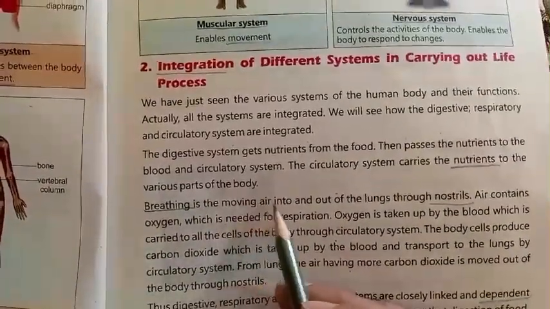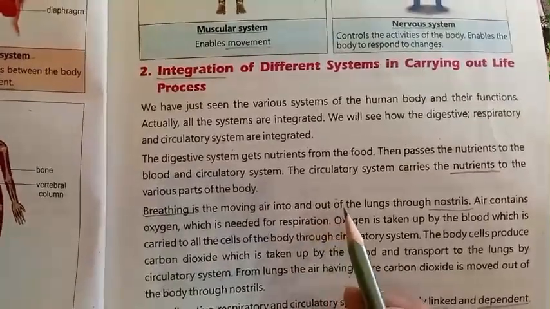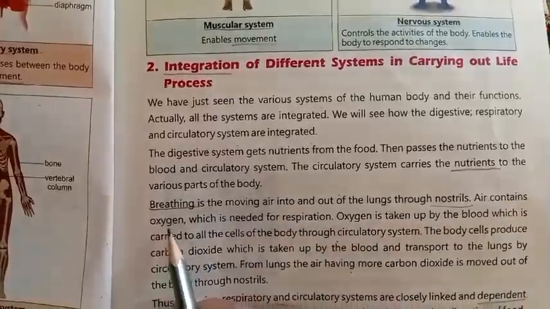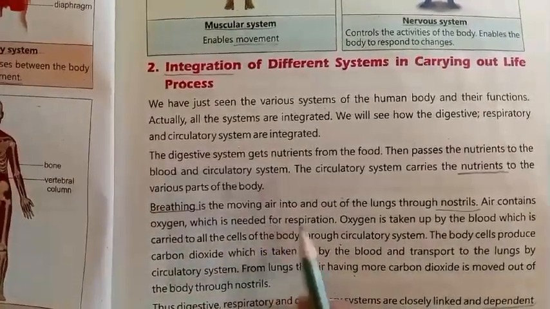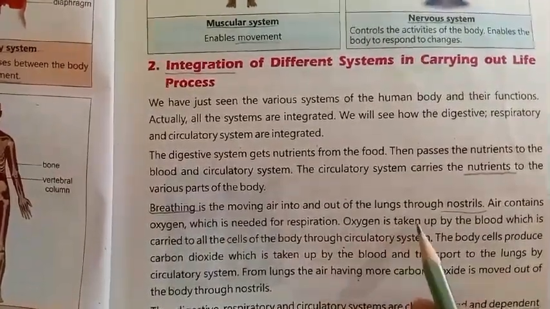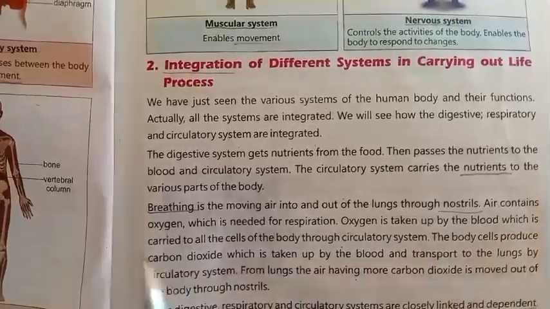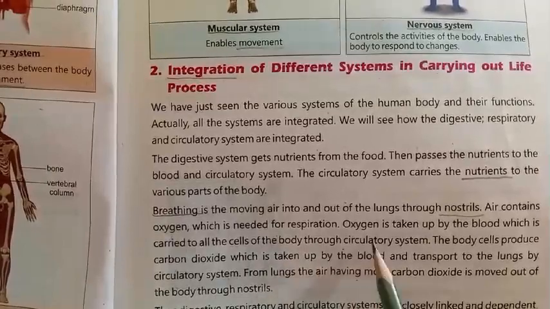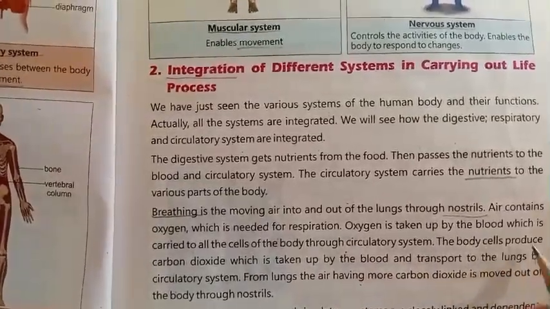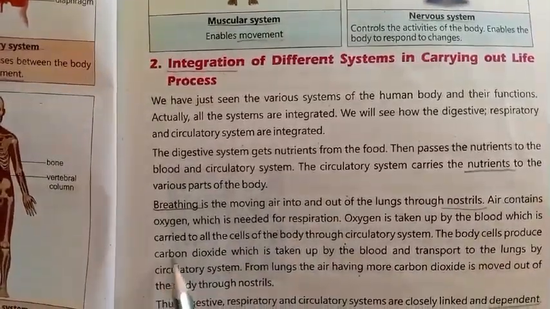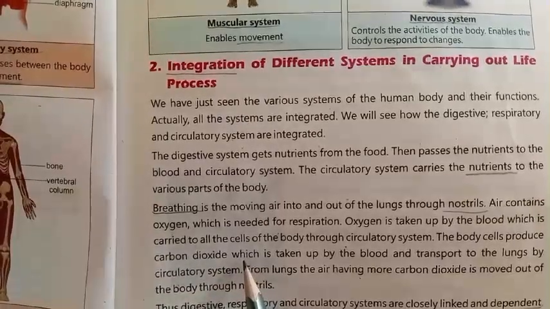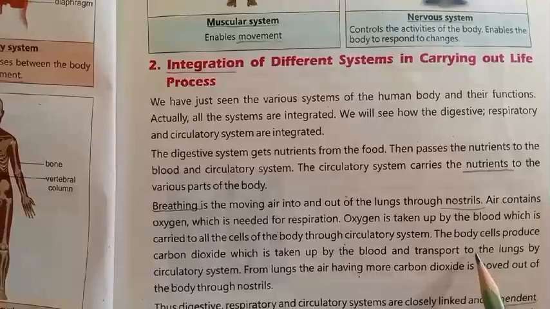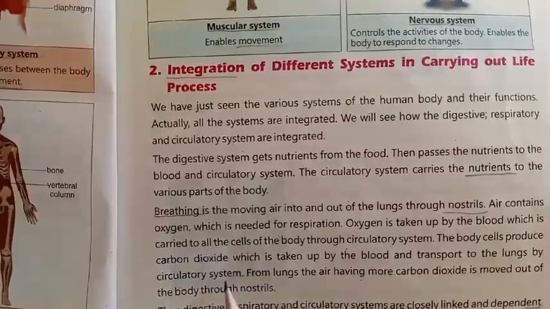Breathing is moving air into and out of the lungs through the nostrils. Air contains oxygen which is needed for respiration. Oxygen is taken up by the blood which is carried to all the cells of the body through the circulatory system. The body cells produce carbon dioxide which is taken up by the blood and transported to the lungs by the circulatory system.